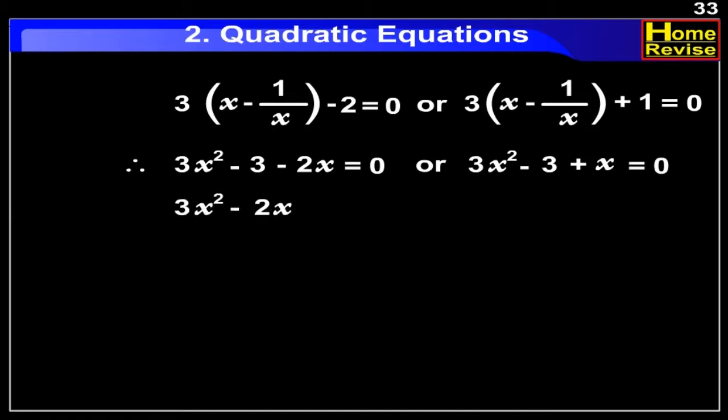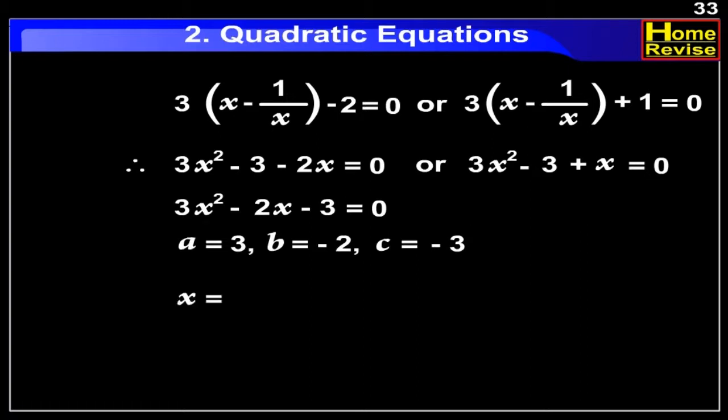For equation 3x² minus 2x minus 3 is equal to 0, we have a is equal to 3, b is equal to minus 2 and c is equal to minus 3. By using formula x is equal to (−b ± √(b² − 4ac)) / 2a.